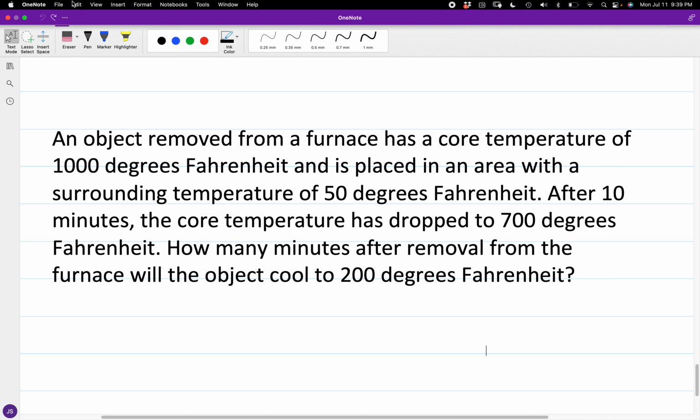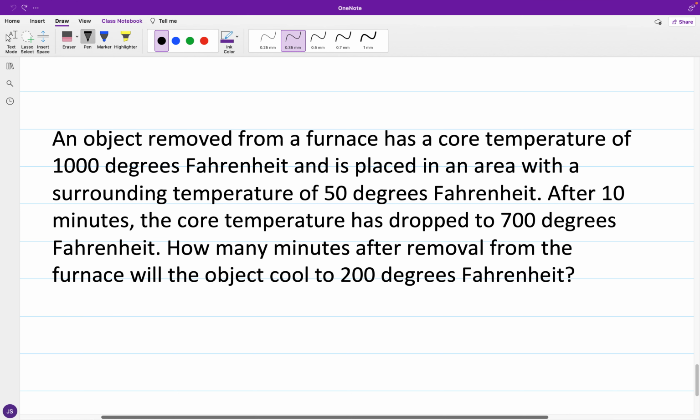After removal, 10 minutes later the core temperature of the object has dropped to 700 degrees Fahrenheit. In accordance with Newton's law of cooling, just how many minutes will it take after removal from the furnace for the object to cool down to 200 degrees Fahrenheit?